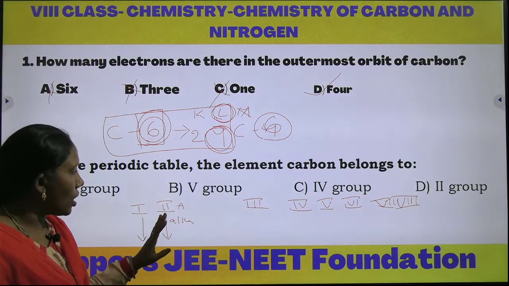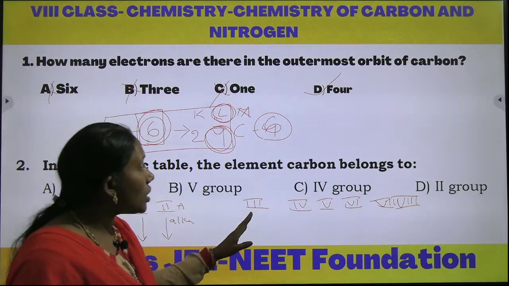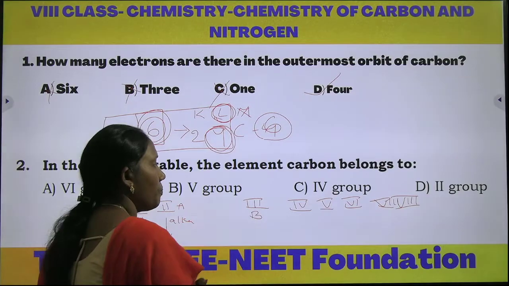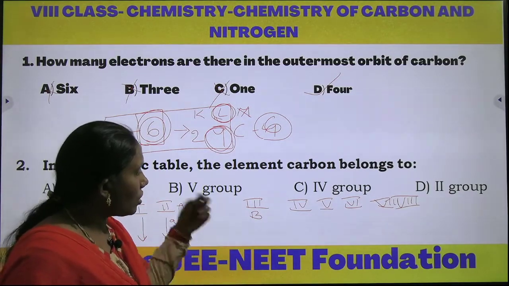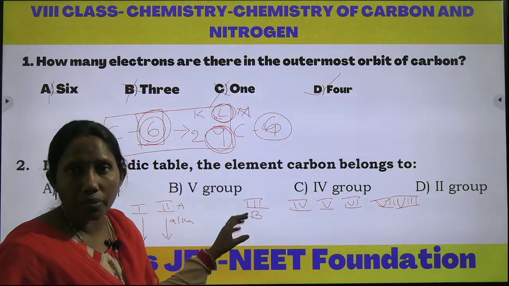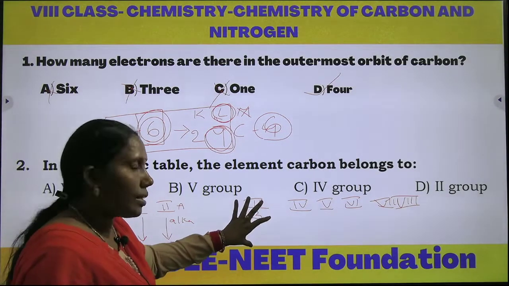The third group is also known as the boron family, and the elements present are boron, aluminium, gallium, indium, thallium.